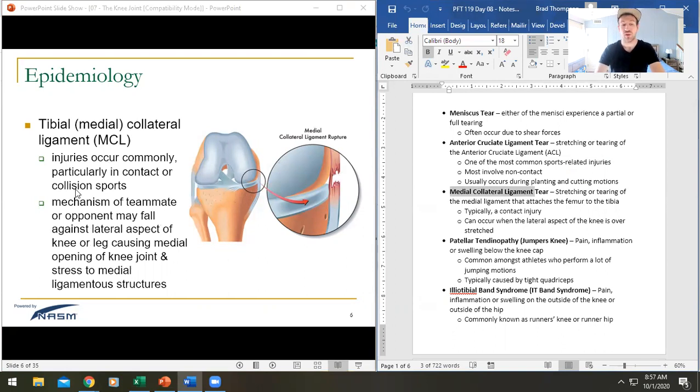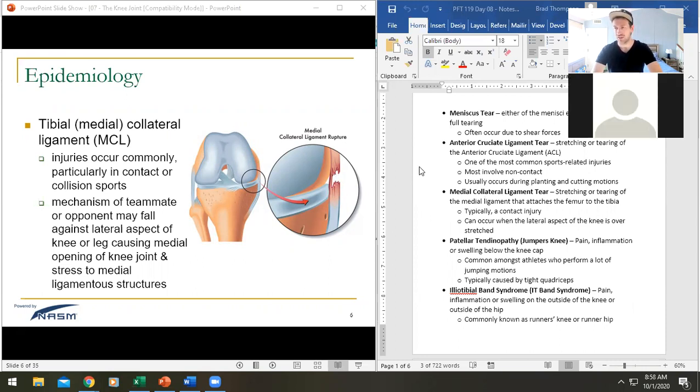This is very commonly injured during collisions. A lot of times you're going to see tears in this ligament if you get somebody who does a low tackle. If you guys are NFL fans, you might remember the NFL has been trying harder and harder to reduce the amount of head trauma associated with playing professional football.